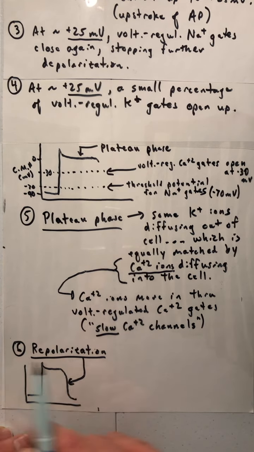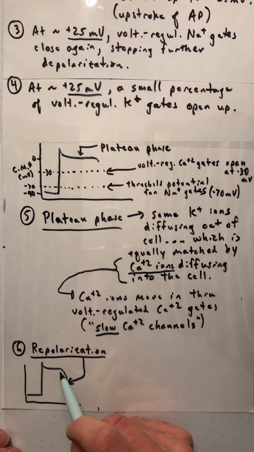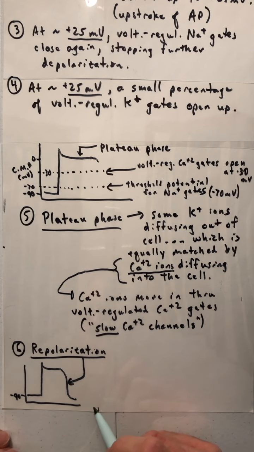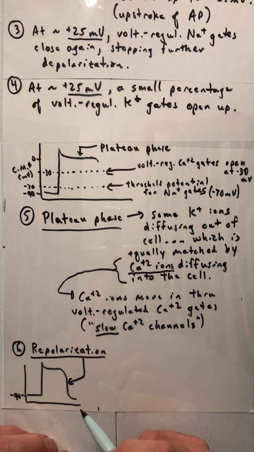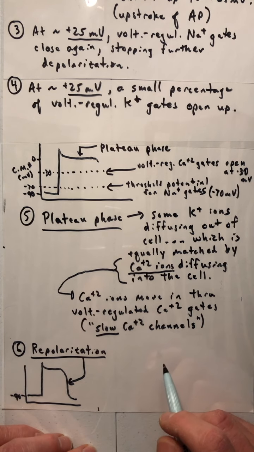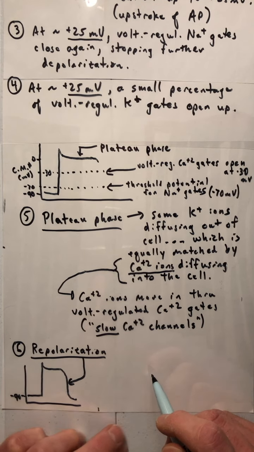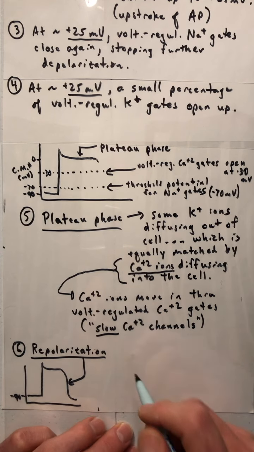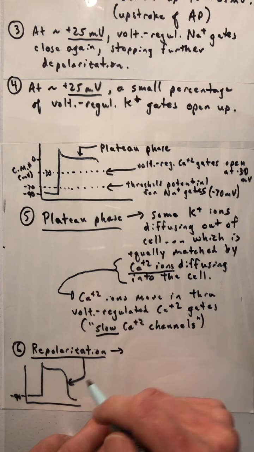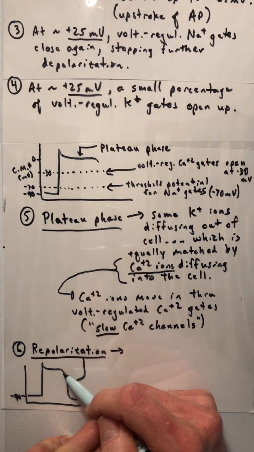So if you were to wager a guess as to how we go from the plateau down to minus 90, almost all the way to minus 94, you'd have to say it must be because the cell membrane is becoming more and more permeable to potassium and less permeable to calcium. So at the end of the plateau, we see these changes in permeability of these two gates.